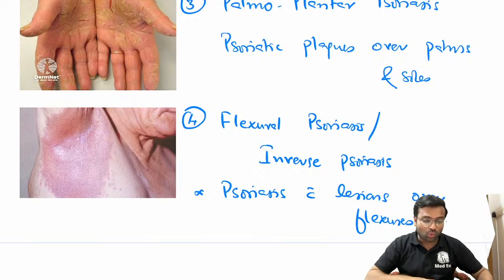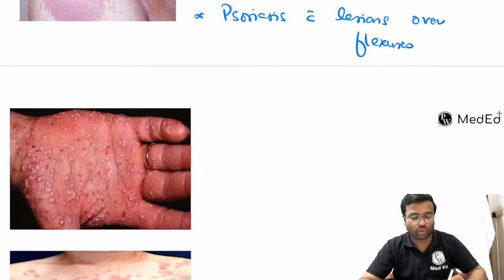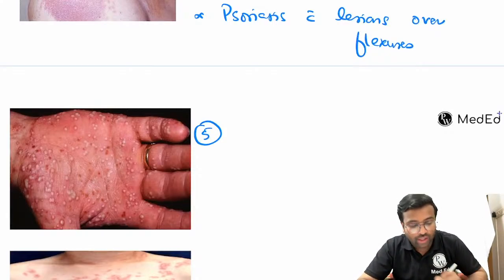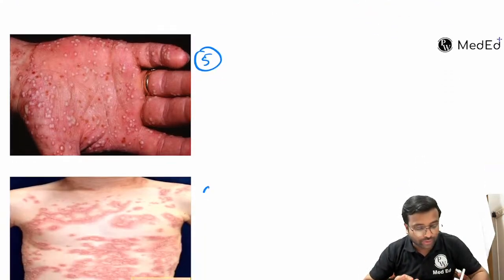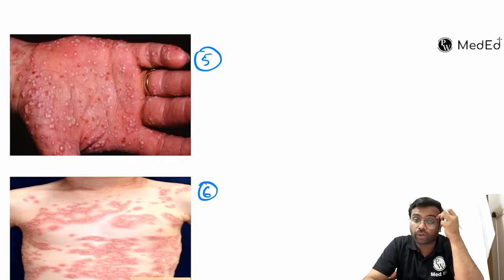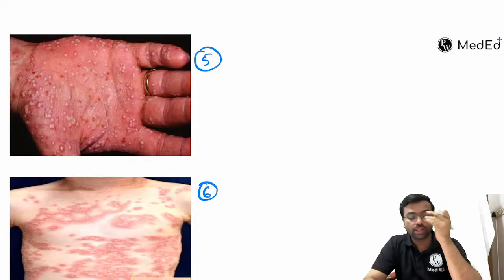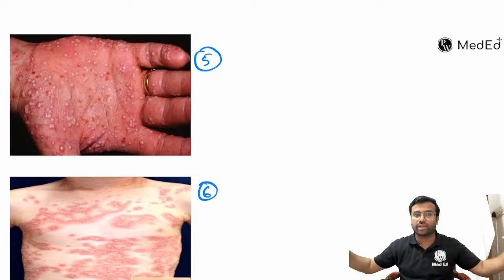Just adding on to it, we have just written about four types of psoriasis. So please add on: there is also pustular type of psoriasis. The fifth and the sixth one are going to be pustular type. So don't forget about it. Psoriasis can also present with pustules, which can be either localized or generalized.